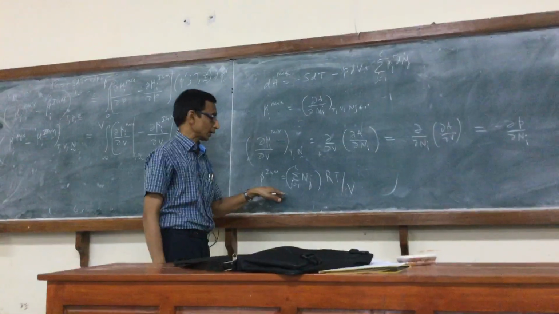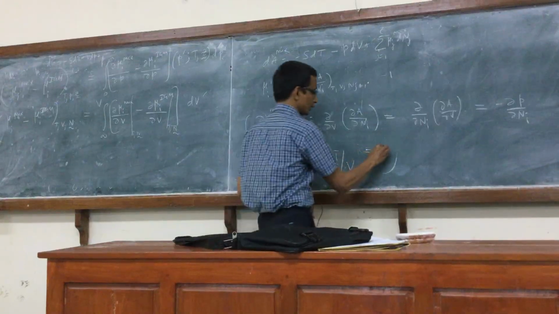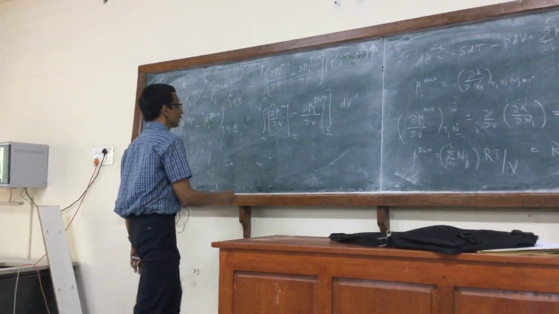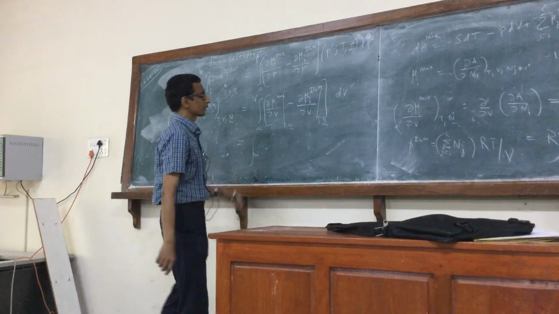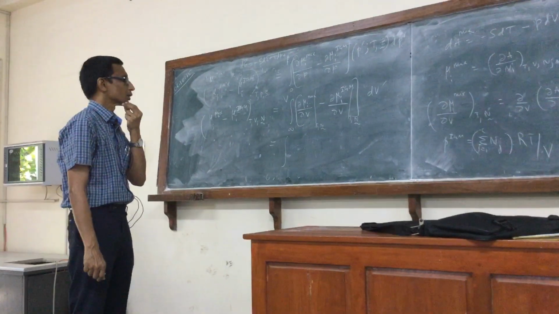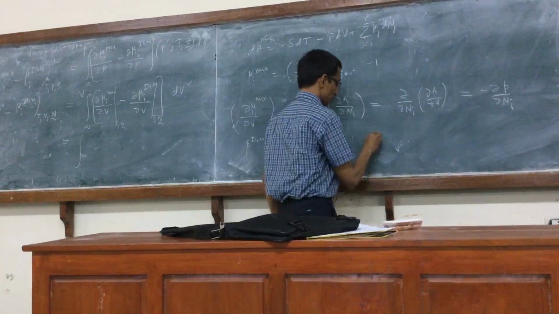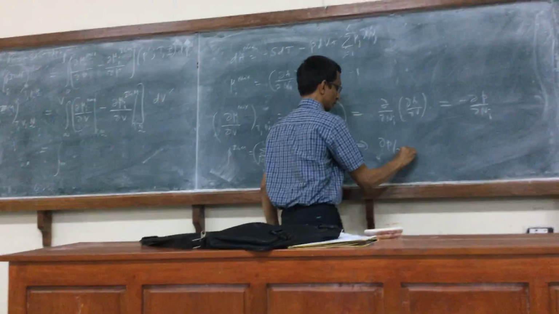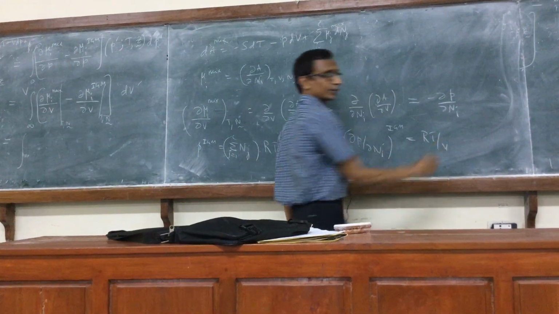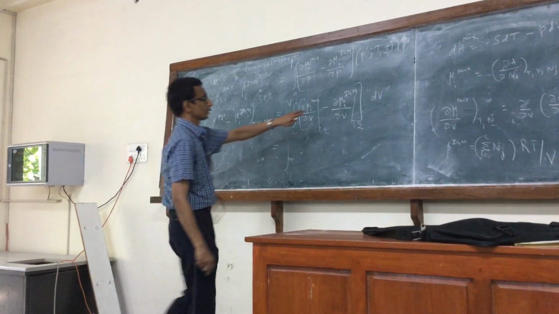When I differentiate with respect to Ni, the delta ij will come in, and this is clearly equal to RT by V. So if I now substitute that, minus dP by dNi for the ideal gas mixture is RT by V. What I mean is the negative of that: minus RT by V. So there is a minus already there.